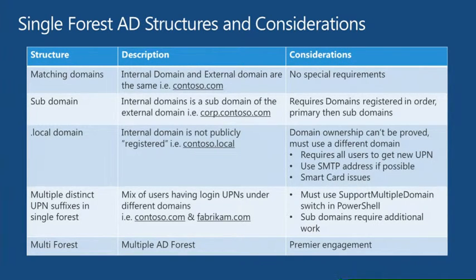What we did was add support in ADFS as well as in our PowerShell module for a switch called SupportMultipleDomain. That switch effectively generates an issuer URI based off the UPN of the user, allowing us to support many issuers coming from the same ADFS server. And there are no scale issues around that. It's basically a small calculation that the ADFS server does during logon.